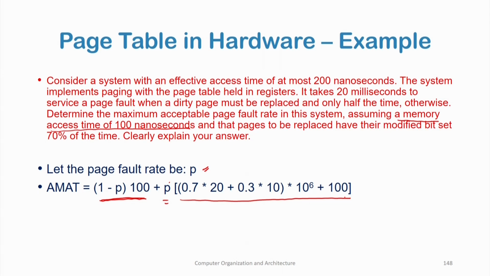What do we have in this miss penalty part? I have to bring this page from secondary memory into the main memory. In doing so, we said that it takes 20 milliseconds to service a page fault when the page is dirty, and the page can be replaced in half the time, that is within 10 milliseconds, otherwise.